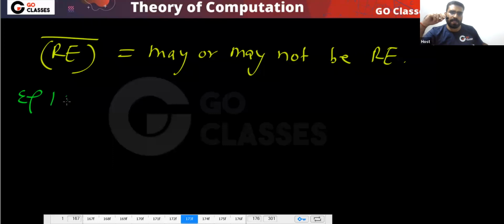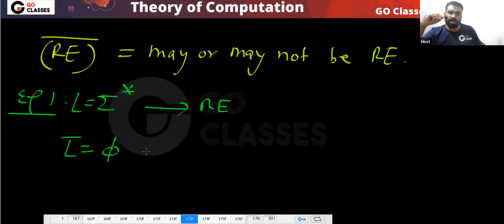Example number one: sigma star is RE, yes or no? The language sigma star is RE. What is its complement? The complement is the empty language, which is also RE. So the RE complement may be RE.